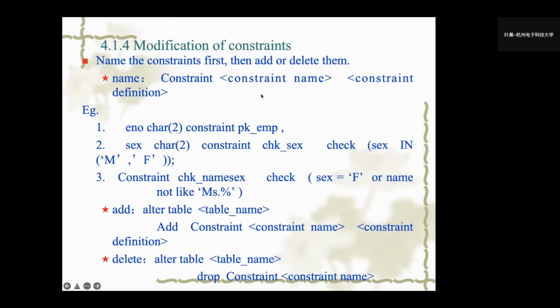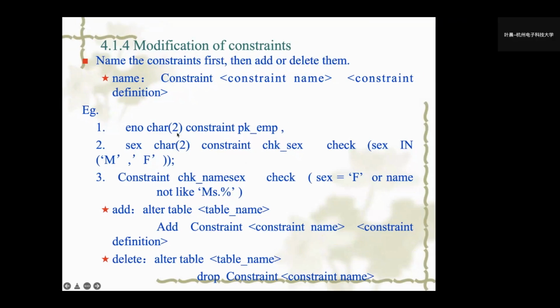Okay, so after the definition of check constraints, we will introduce how to modify them. First, you need to name these constraints and then add or delete them. The format is CONSTRAINT, then the constraint name, and then the constraint definition. For example, these three are all constraints we have defined.